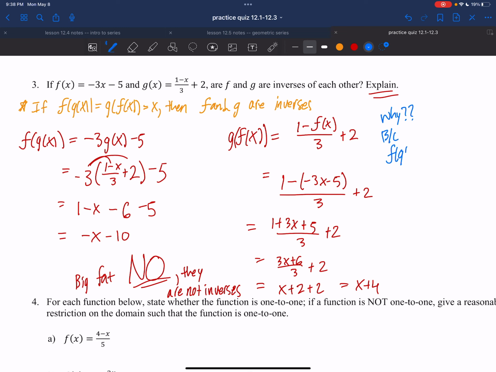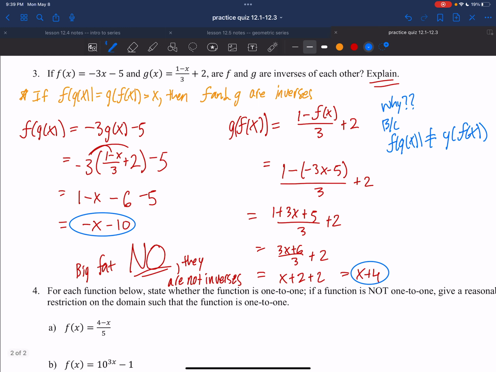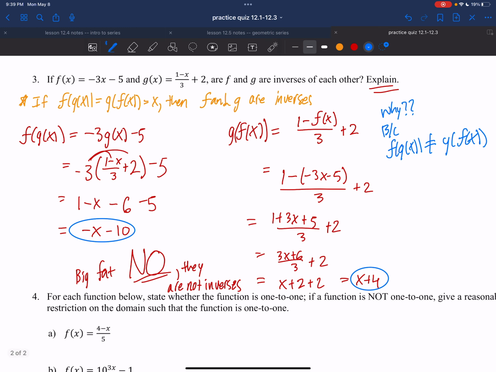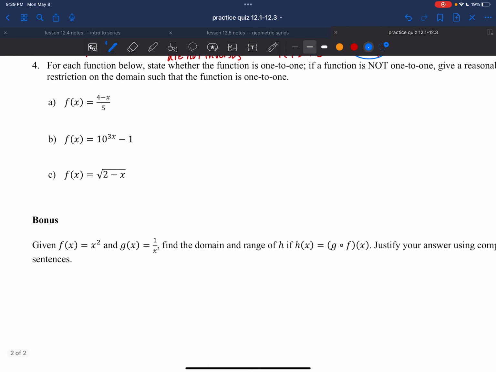Because f of g of x is not equal to g of f of x. That is not true. Okay? This guy and this guy are not equal. Done. We move on. If they were equal to x, both of them, that would mean they're inverses. But they're not. So they aren't.